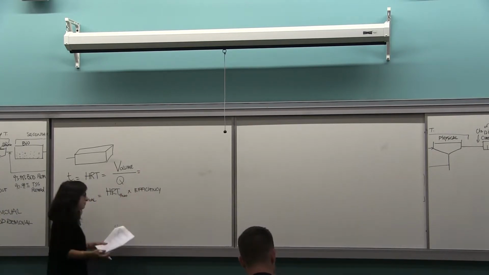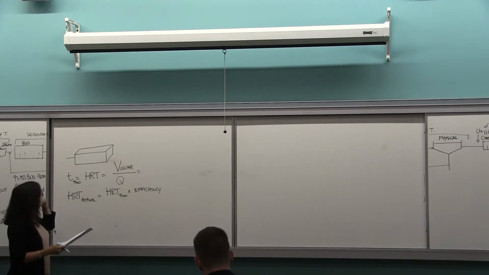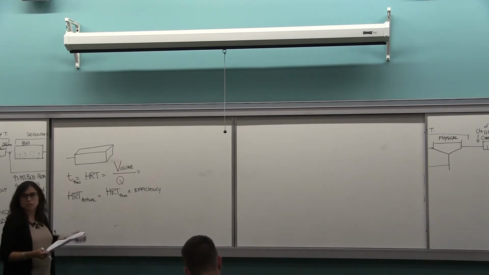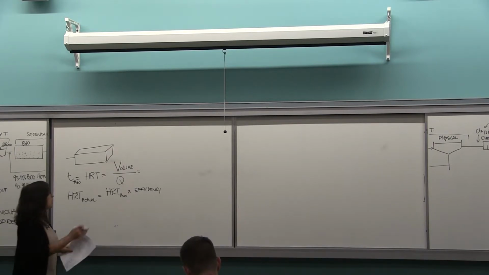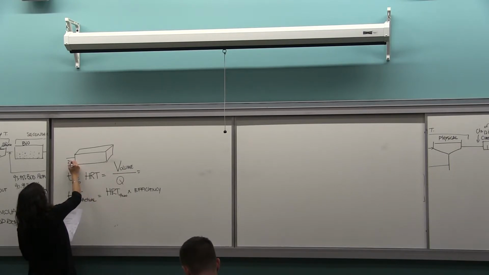Well, calculation. So this is pretty much the definition of HRT, right? Residence time. Volume is given to us as 2.5 by 3 by 15.